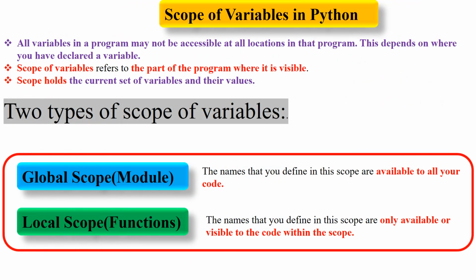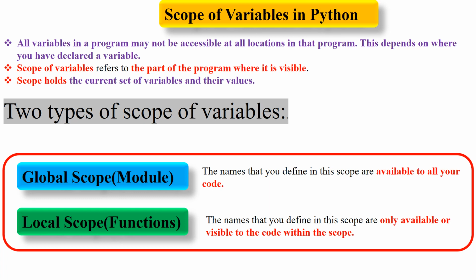Let's see the scope of variables in detail. All variables in a program may not be accessible at all locations in that program. This depends on where you have declared a variable. Scope of variables refers to the part of the program where it is visible, that is, area where you can use it.